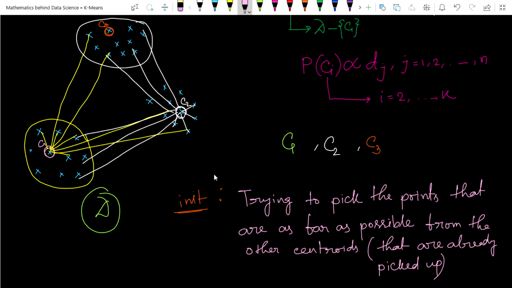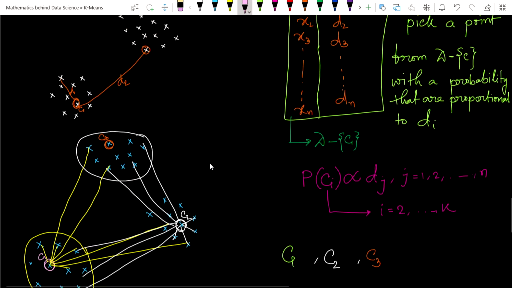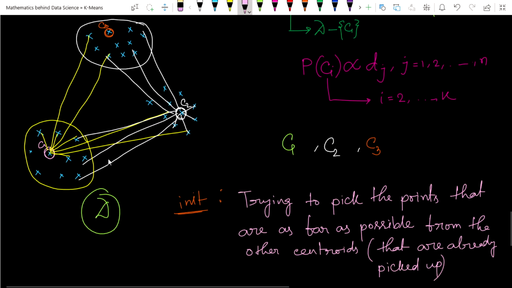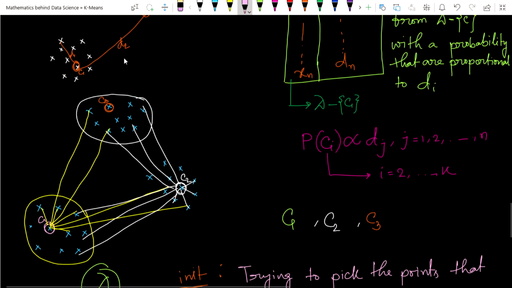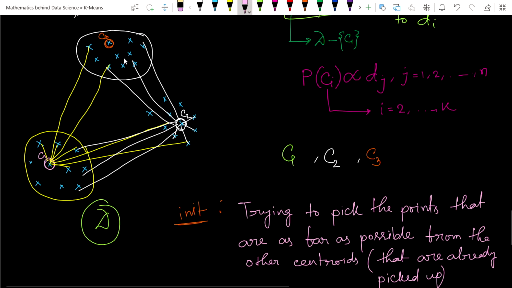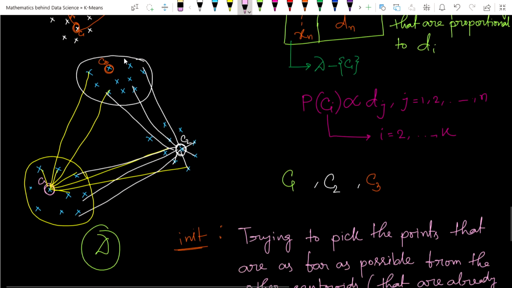Now the question is, sir, why do we use some kind of probabilistic distribution? Why do we not just pick the farthest distance? That's the easier thing. Why do we use the probabilistic concept? Okay, let's try to understand this concept through an example.